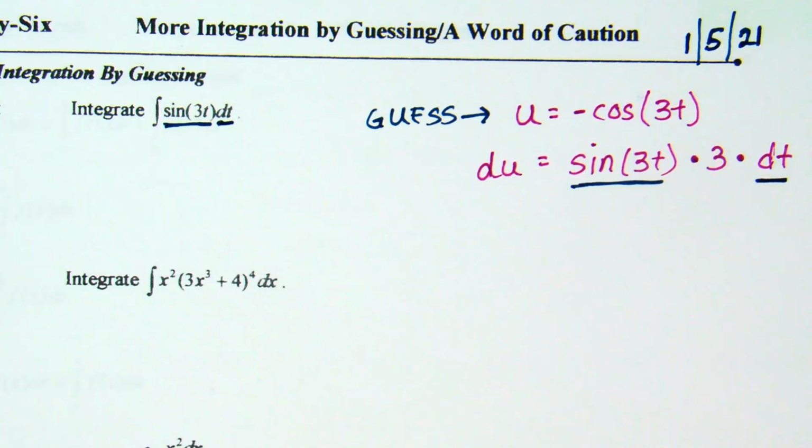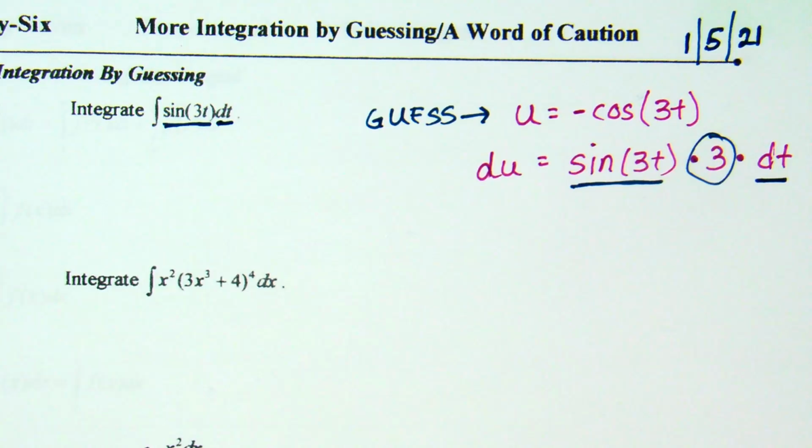What doesn't pair up? The 3. How do you compensate for a factor of 3 so that when I give my guess here, it will work out when I actually integrate? Okay, divide everything by 3.